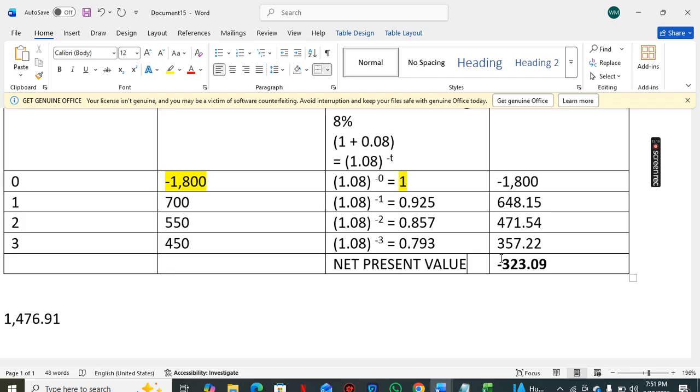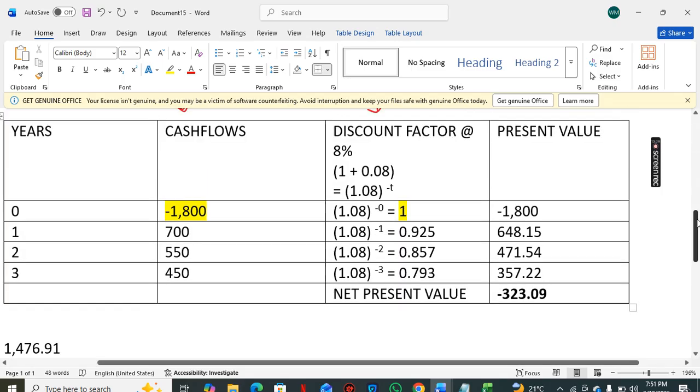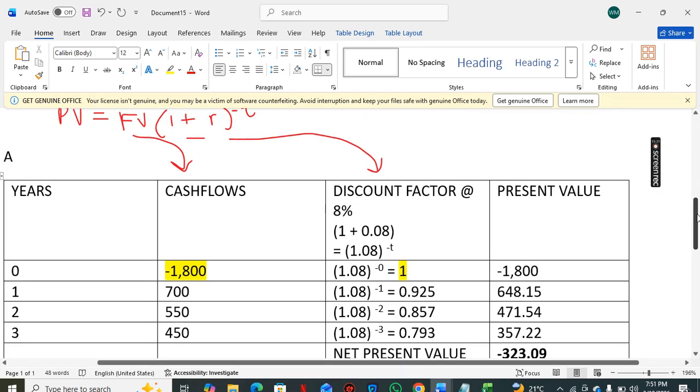Yes, someone had a question. Yes, sir. Concerning the discount factor, the way that you are coming up with these digits of decimals.